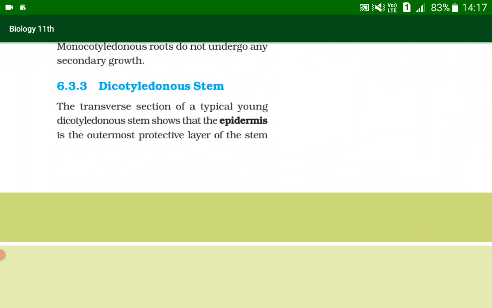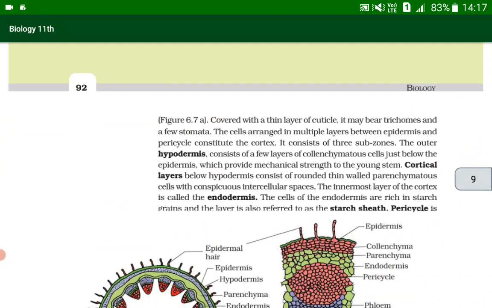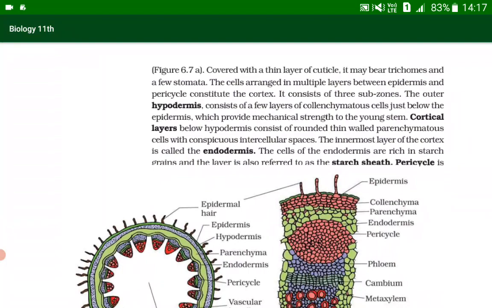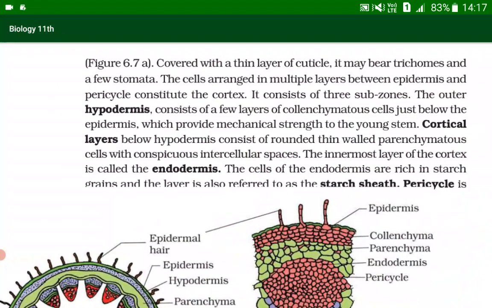6.3.3 Dicotyledonous stem. The transverse section of a typical young dicotyledonous stem shows that the epidermis is the outermost protective layer of the stem, figure 6.7a. Covered with a thin layer of the cuticle, it may bear trichomes and a few stomata. The cells arranged in multiple layers between the epidermis and the pericycle constitute the cortex.